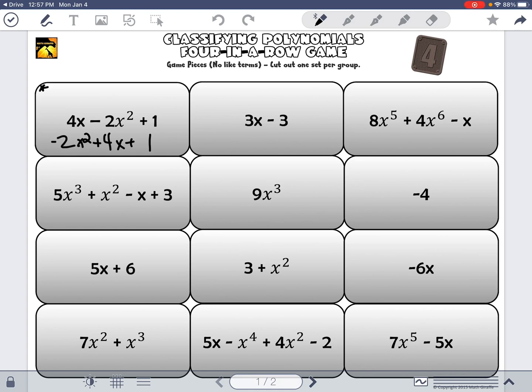So this is actually called a quadratic, okay? So if it has a degree of 2, it's called a quadratic. All right, so this little 2 right here means this is called a quadratic. It's also got 3 terms, so it's a trinomial.